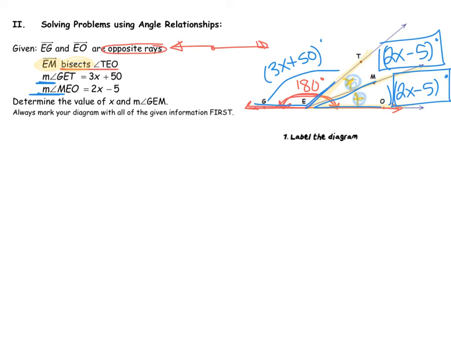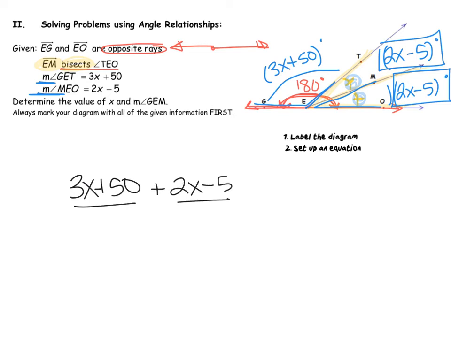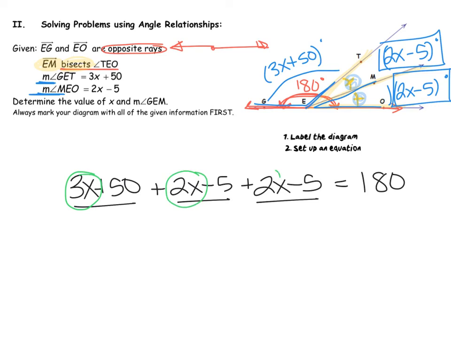So my second step is to set up an equation. Now I know that 3x plus 50, that's that first angle, plus 2x minus 5, my second angle, plus another 2x minus 5, my third angle, has to equal the total of 180 degrees. So now I'm just going to group my like terms together. 3x, 2x, and 2x gives me 7x.